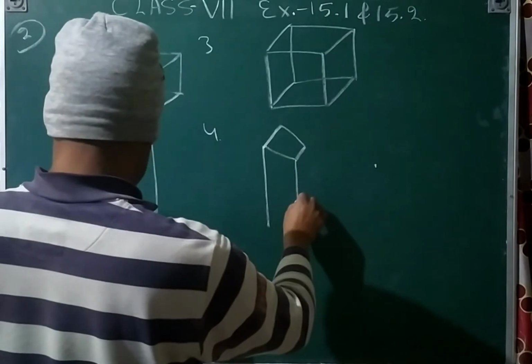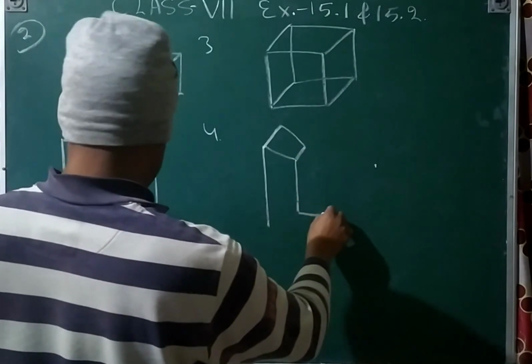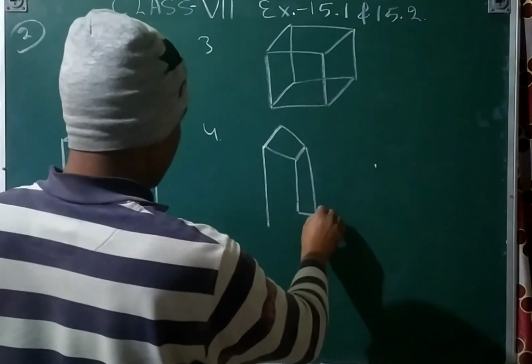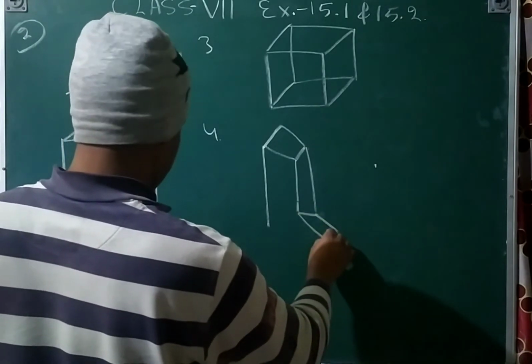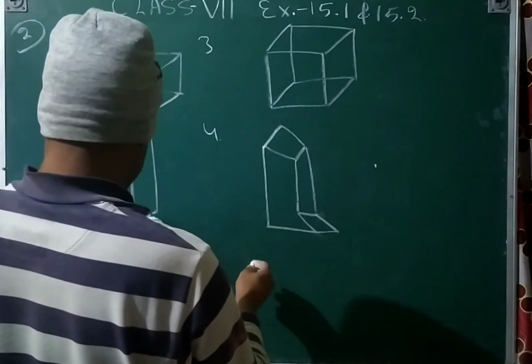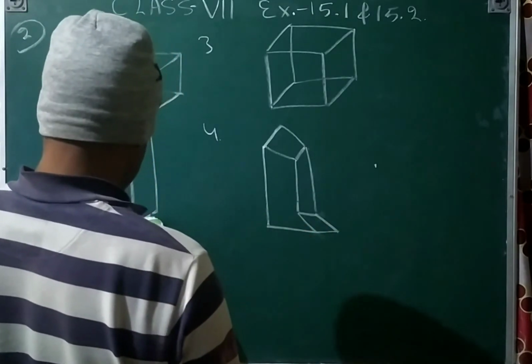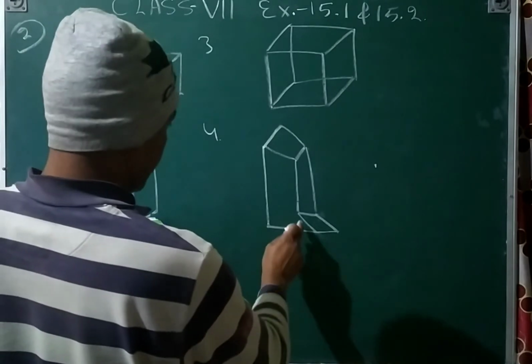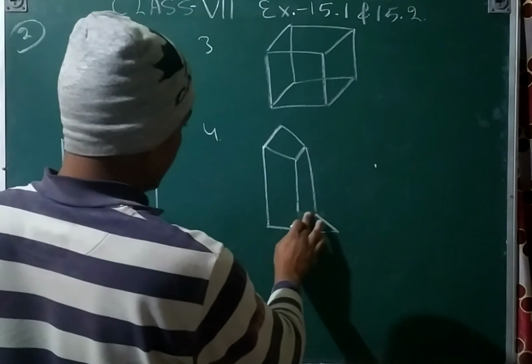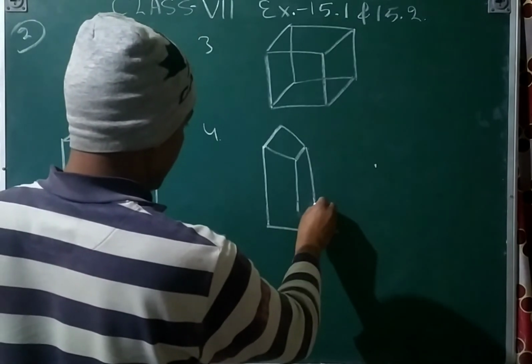And then this one line, and then this one line, this one, this one, this one. That will be just a reflection type of diagram.